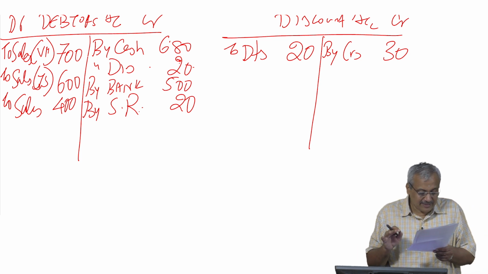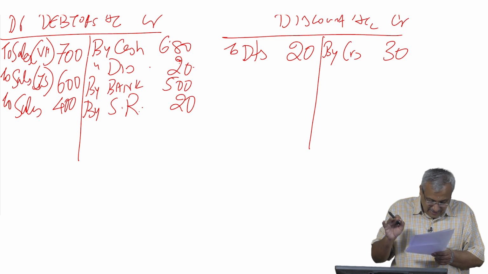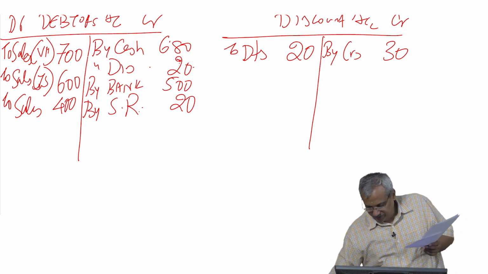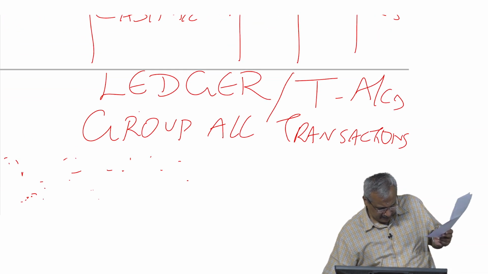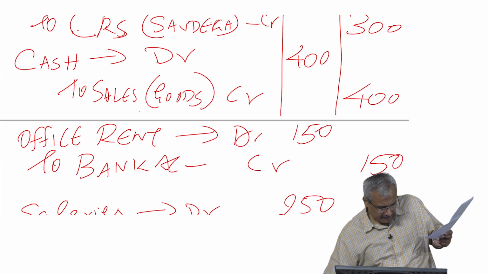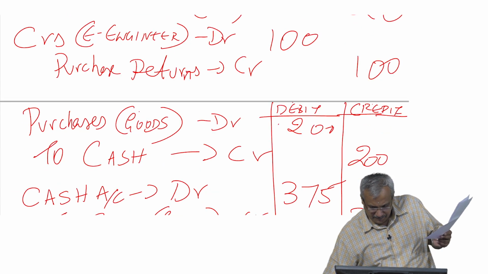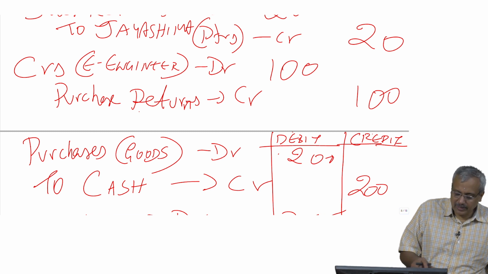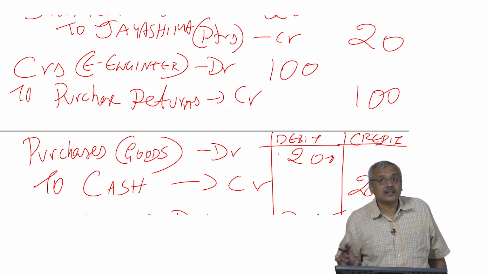When I say purchase returns, what journal entry do we pass? Creditors, that is E Engineer's account, debited to purchase returns. If you want, you can go back and see in this particular case, creditors E Engineer's account is debited, and purchase returns is credited.